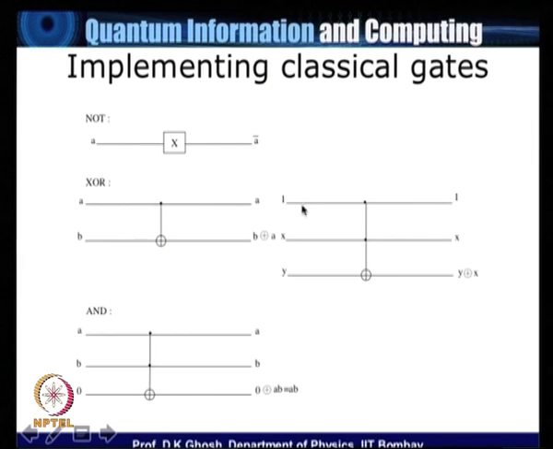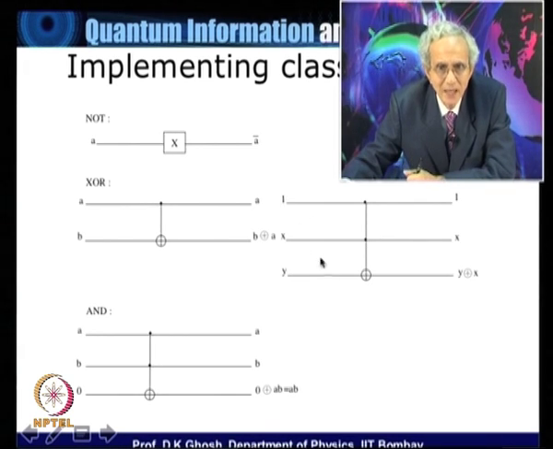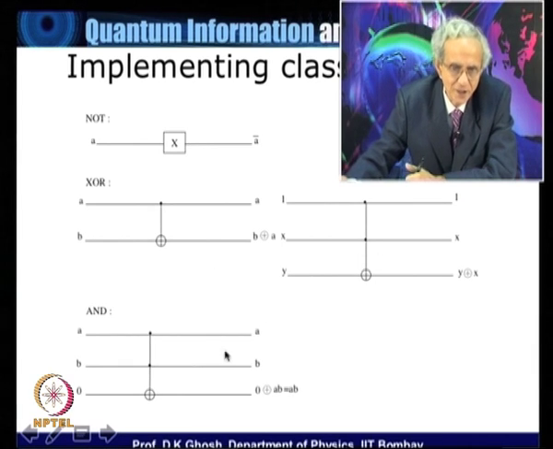One of the controls I have set as the bit 1, and the other control is X. So the CCNOT gate's target will be flipped only if X is equal to 1, because the product must be equal to 1. And so Y then becomes Y plus X, because if X is equal to 0, then this is simply Y XOR 0. So either of these can be considered as an equivalent of the XOR gate.